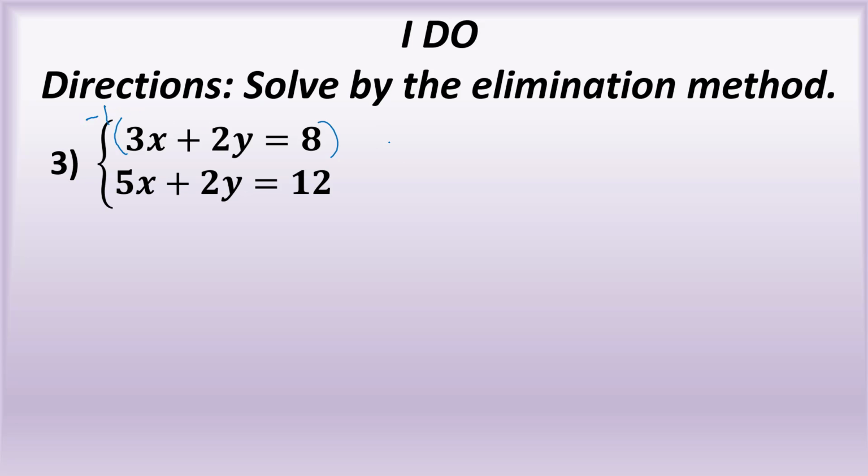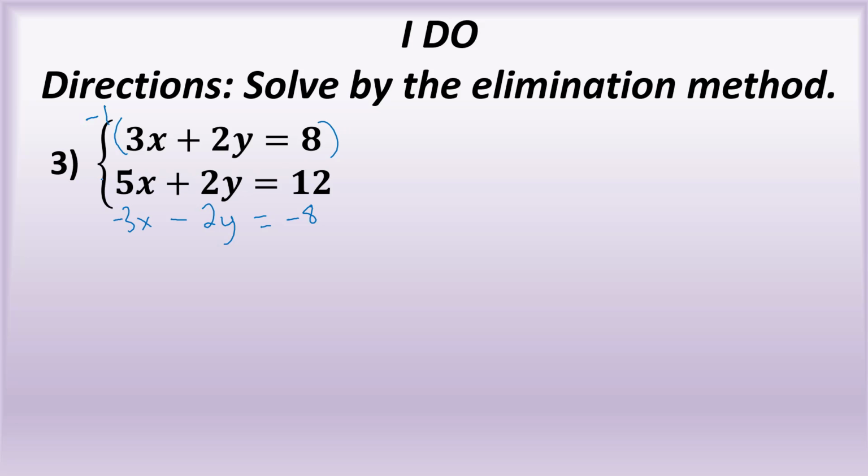So negative 1 times 3x gives me negative 3x. Negative 1 times 2y gives me negative 2y. Negative 1 times 8 gives me negative 8. Now notice how I went ahead and multiplied and wrote the equation right under my set of equations.